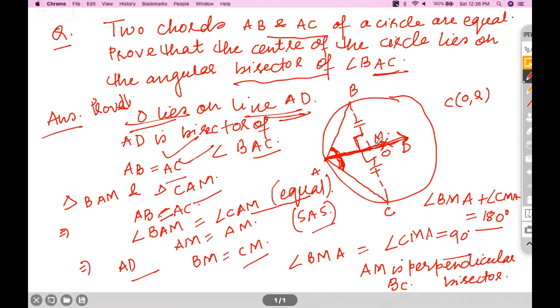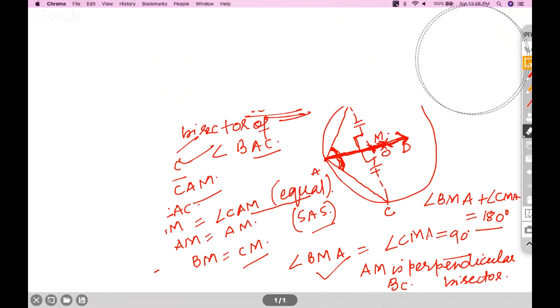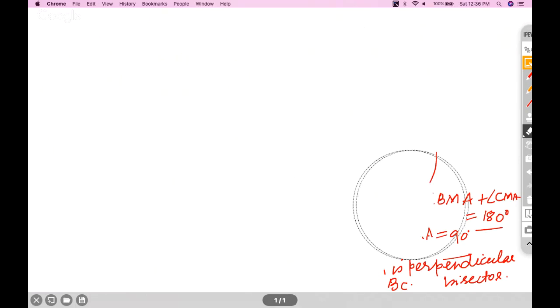It means that this line AM, which is a part of AD, is the perpendicular bisector of the chord. The perpendicular bisector of a chord will always pass through the center. That's what you have to prove. So let me go to the next question.